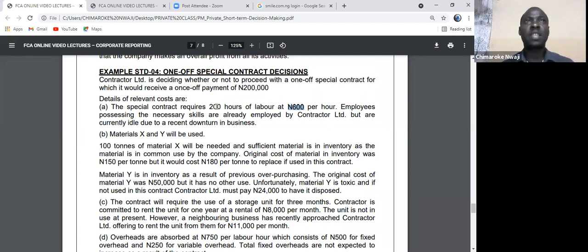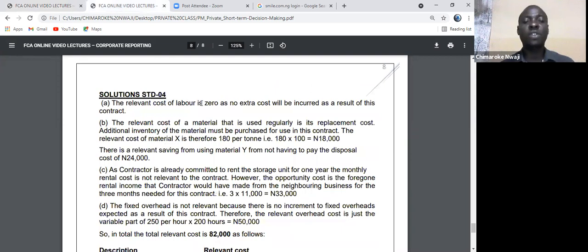You have paid them, and moreover, they are idle. You've paid them for their useful time. You've paid them for their idle time. So you can always tell them to use their idle time, which you have already paid them for, to do the contract. So you don't need to incur these costs. So here, the relevant cost of labor is 0.